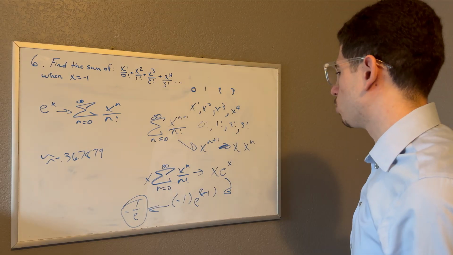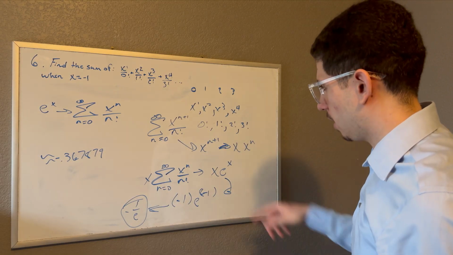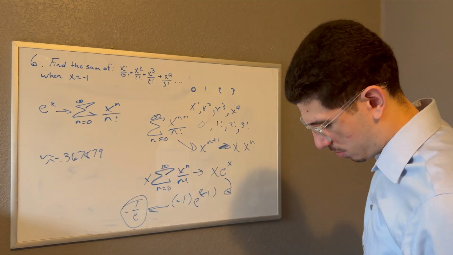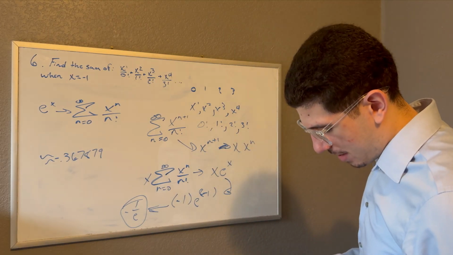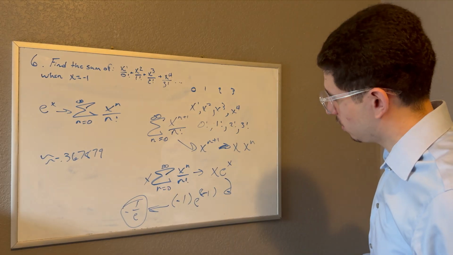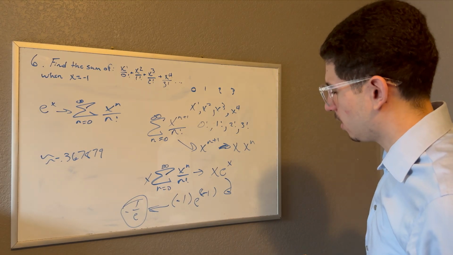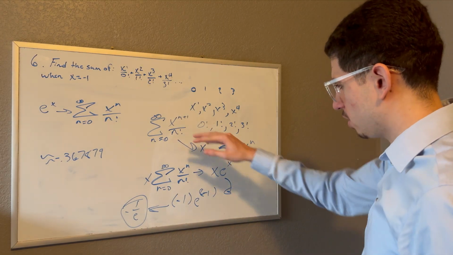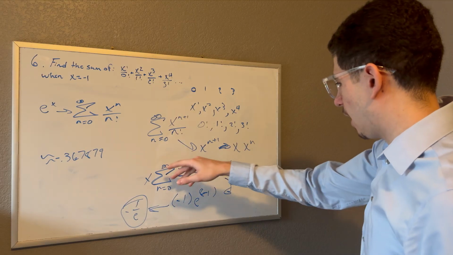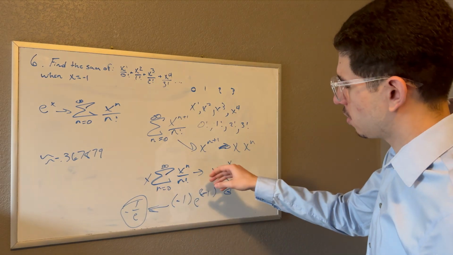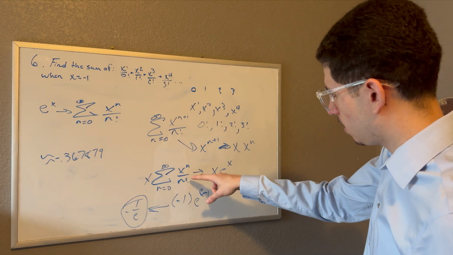A lot of students would mess up by plugging in x to the n plus 1 over n factorial, which is what I did. You can do that, but your calculator isn't going to compute it. So a better way is just removing the x from it and substituting e to the x for the summation down here.